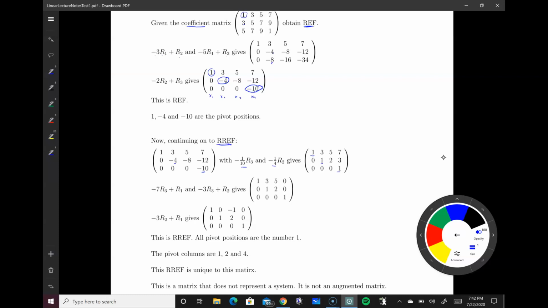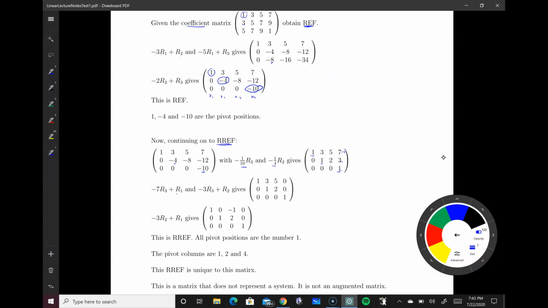So I want to get a 0 here, and a 0 here and here. So these are the two I'm working on next. So if I multiply row 3 by -7 and add it to row 1, that'll get me the 0 here. And if I multiply row 3 by -3 and add it to row 2, I'll get a 0 here. And I'll let you check my arithmetic there.